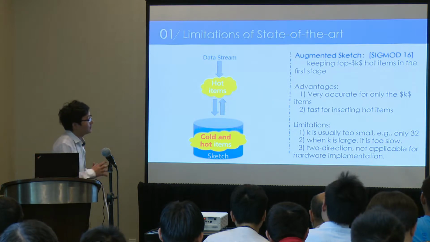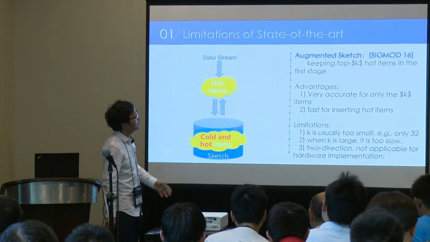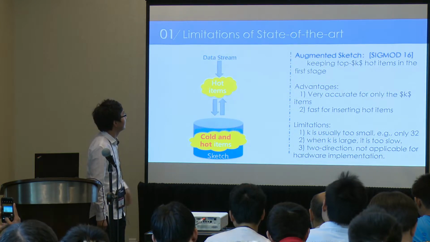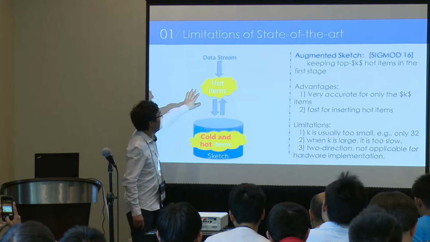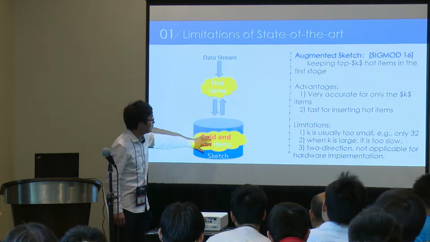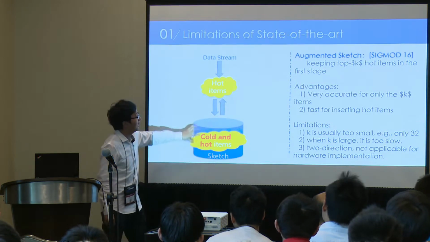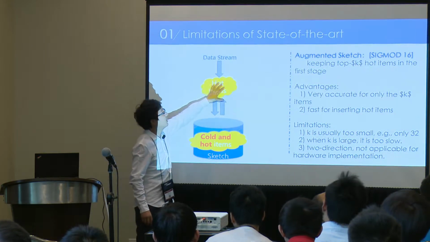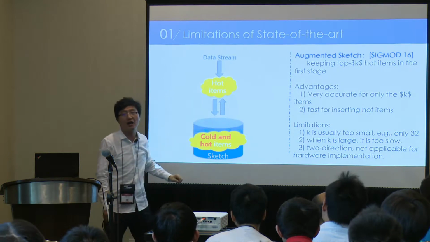And the recent work called Augmented Sketch, published in SIGMOD, used 2 stages. The first stage recorded the hot atoms, and the second stage recorded cold and hot atoms. And then there is frequent exchange between the 2 stages to make the hot atoms very accurate.